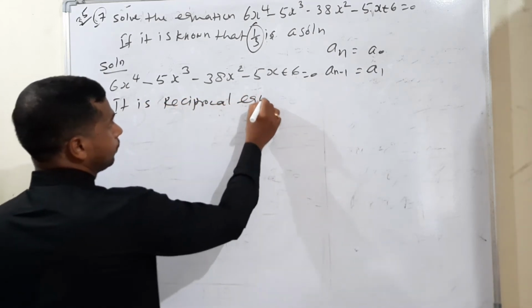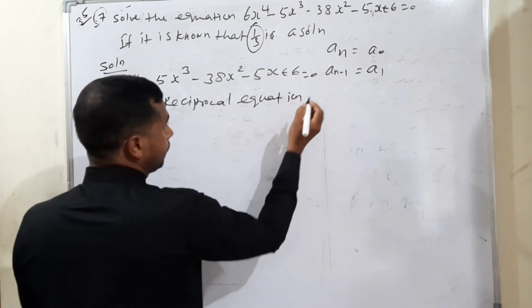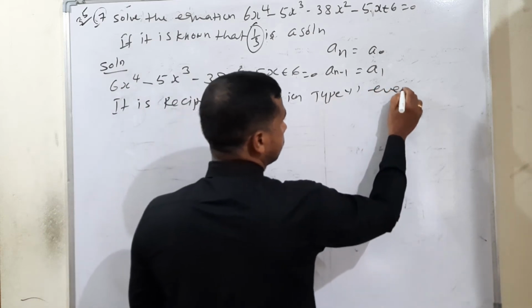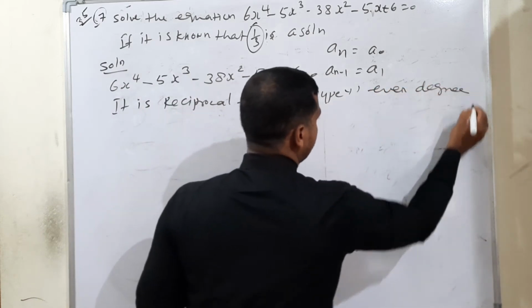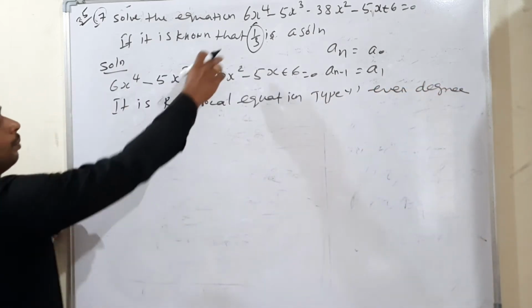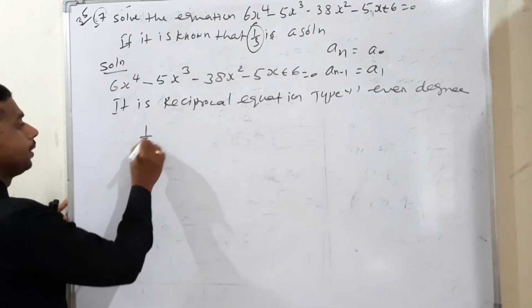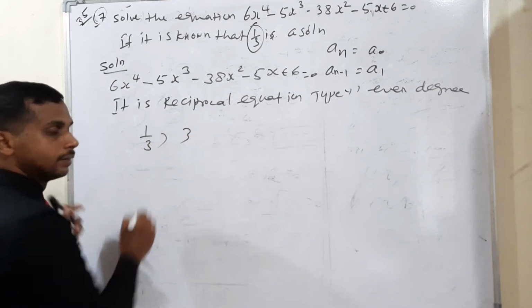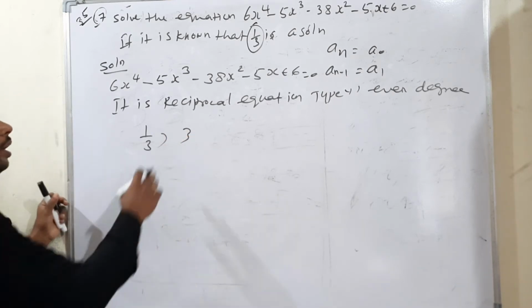Already given 1 by 3 is one of the solutions, so definitely we can say reciprocal. The reciprocal of 1 by 3 means 3 will come. This is also one of the roots.